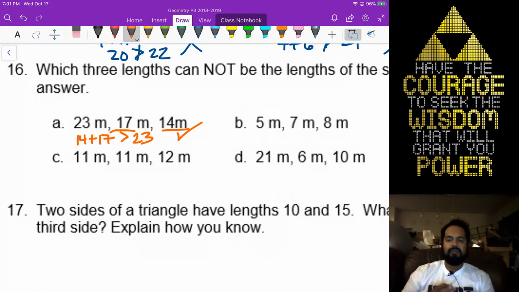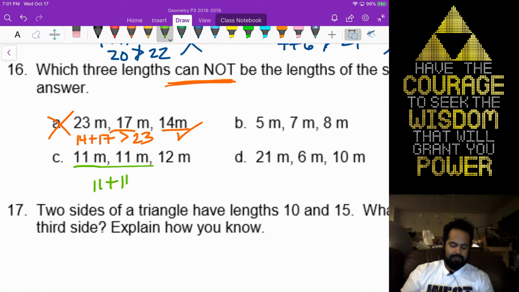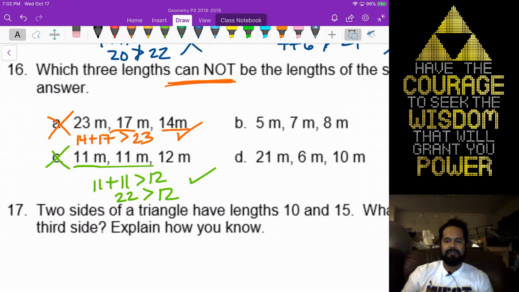So even though that one works, we're looking for the one that does not work. All right, so that one's an X-nay. The next one we've got our 2 shortest sides of 11 and 11, which I know for a fact that 22 is greater than 12. So even though that worked, that was not what we were looking for.